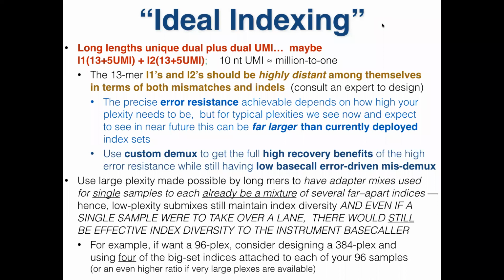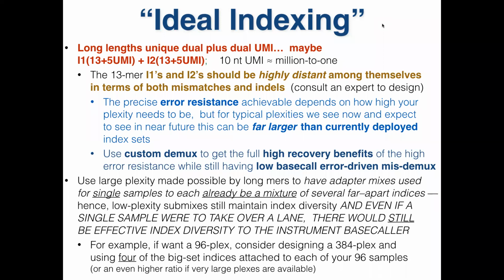And then bcl-fast2 isn't going to be able to do a good job of demultiplexing those, because its model is too small, too inflexible, and the mismatch error is too inflexible. You need to do it from custom demux. The custom demux benefit is that you can do very good recovery in the face of pretty high base call errors on the instrument without making a lot of misdemuxes.